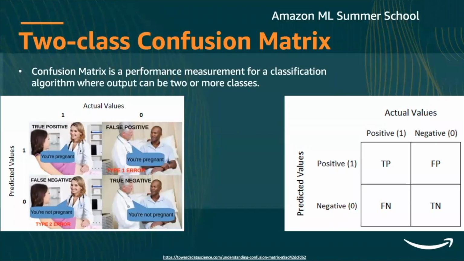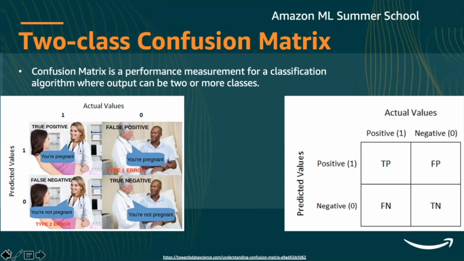So we'll now move towards explaining these metrics, or these choices of metrics. The first thing we'll talk about is a confusion matrix. A confusion matrix is an n by n matrix where n is the number of classes being predicted. It's a performance measurement for a classification algorithm, which can be binary or multi-class.